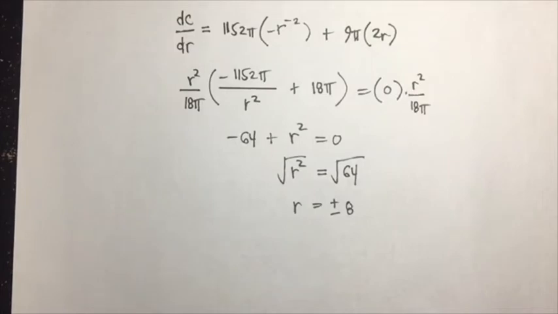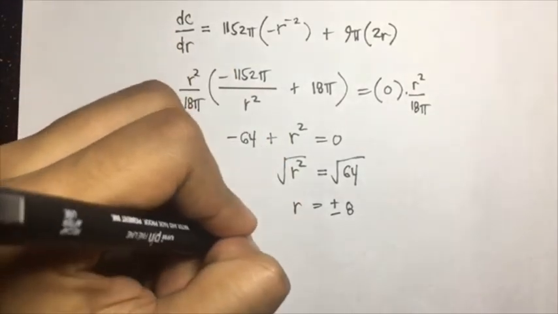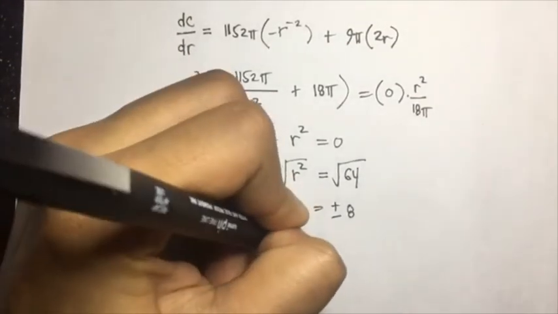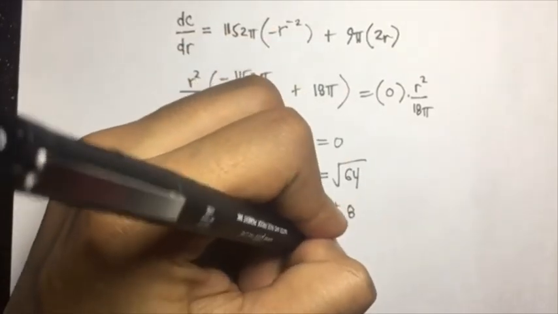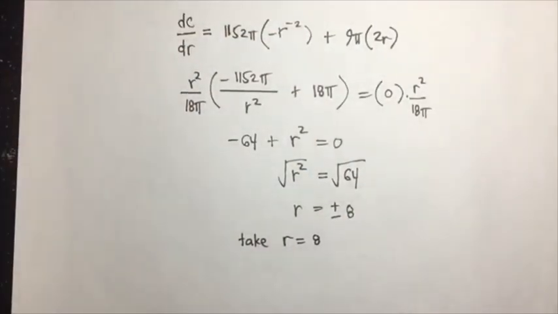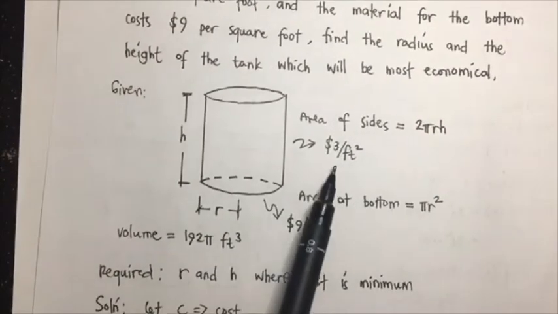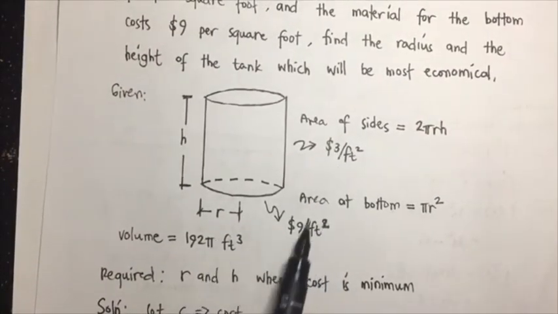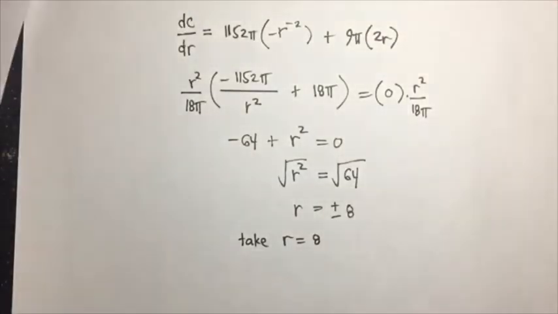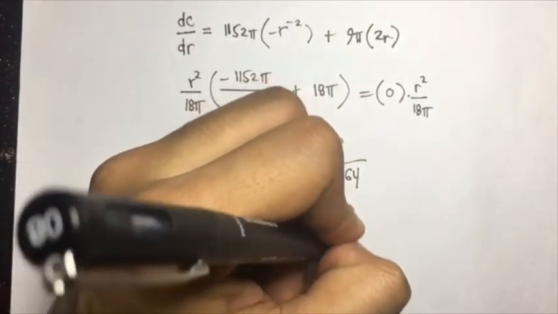It's absurd. So therefore, take only r equal to 8. Its unit is consistent with our units: since we are using cubic feet and square feet, our r must also be in feet.